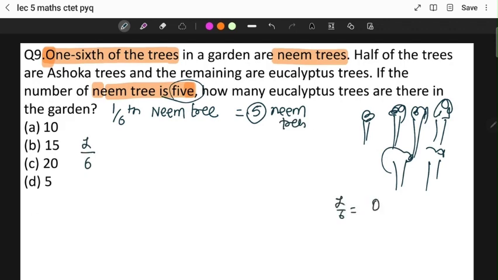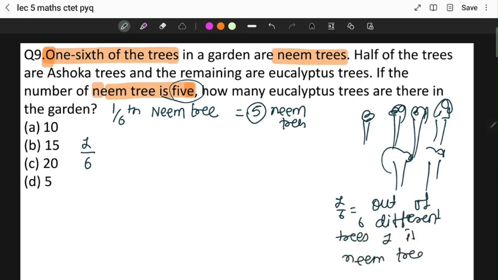It means out of 6 different trees, 1 is the neem tree. Similarly, it means 6 are the total trees, then 1 is the neem tree. If there are a total of 6 trees, then 1 out of which is the neem tree.